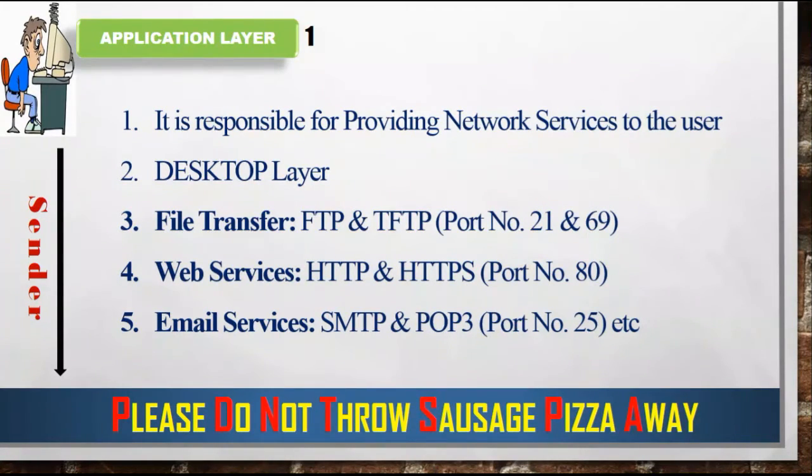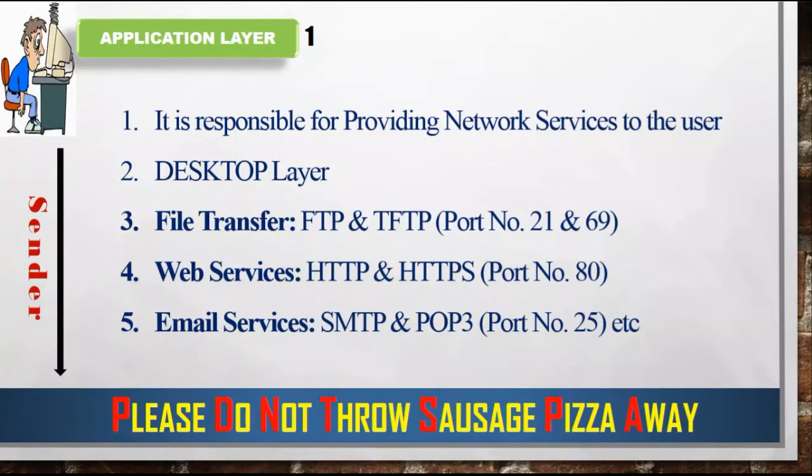In case of the FTP protocol, we use port number 21, whereas in the TFTP protocol, port number 69 is used. Similarly, for web browsing service, HTTP and HTTPS protocols are used, where port number 80 is used for such service. And if it is an email service, then we use SMTP and POP3 protocols using port number 25.